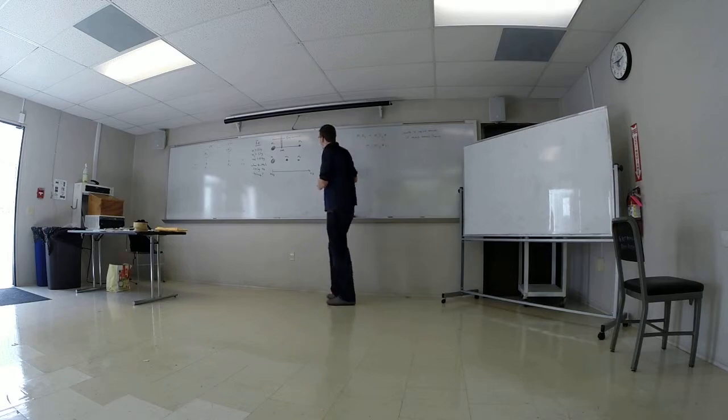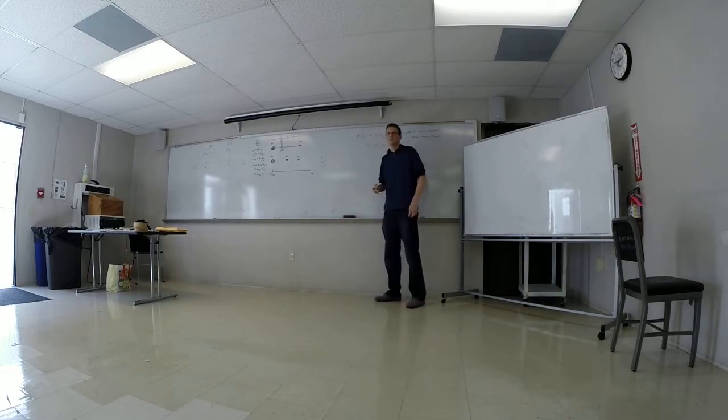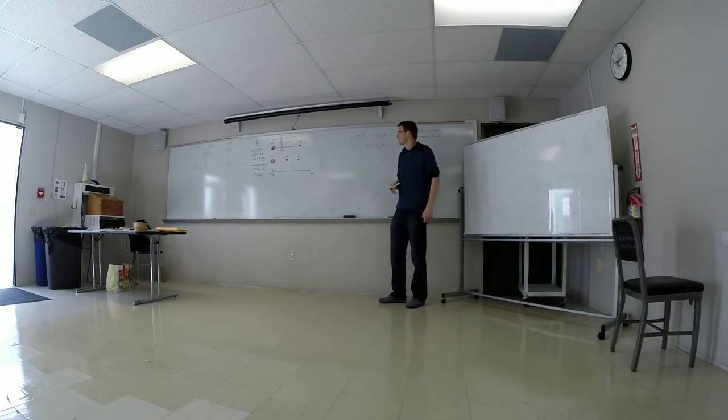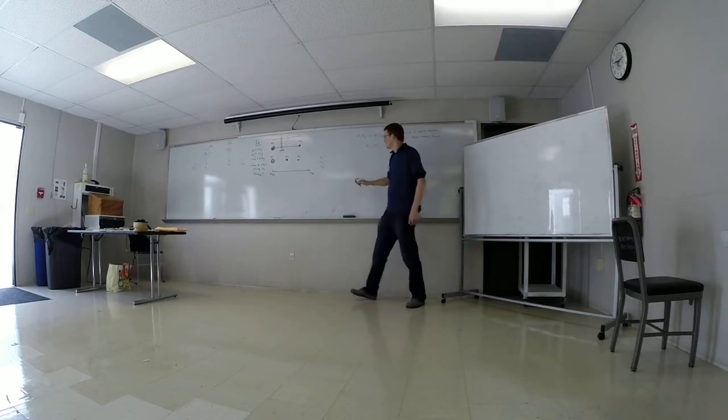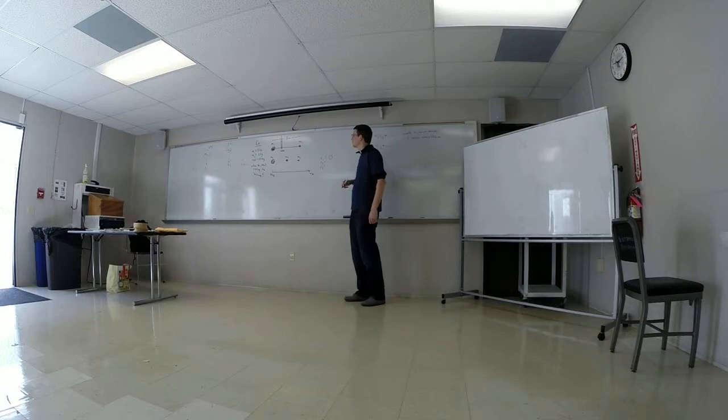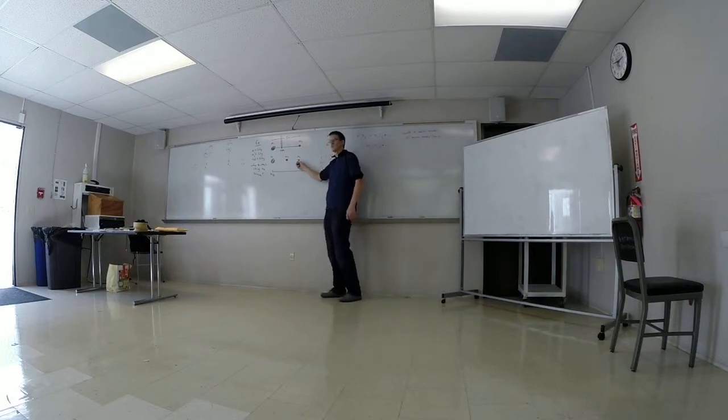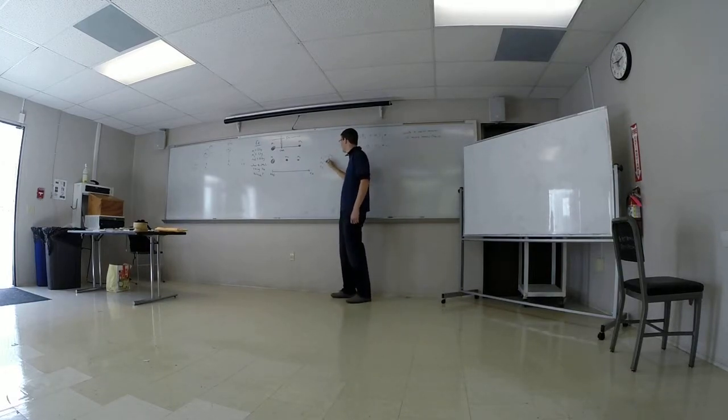So let's identify x1, x2, and x3 that would go into the equation. What's x1? What is the position of mass 1 along this number line? 0. How about mass 2? This one. 5 meters plus 5 meters, right?